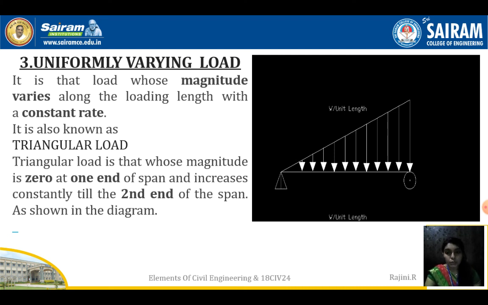A triangular load is that whose magnitude is 0 at one end and increases constantly till the second end, with the maximum intensity at the other end. So that's why it takes the shape of a triangle and is also called uniformly varying load.